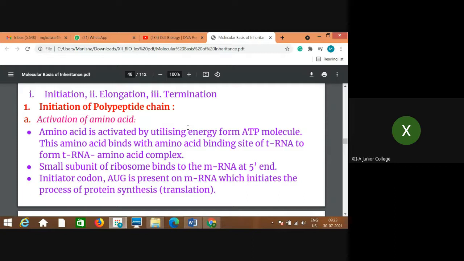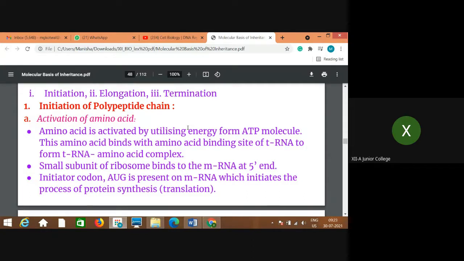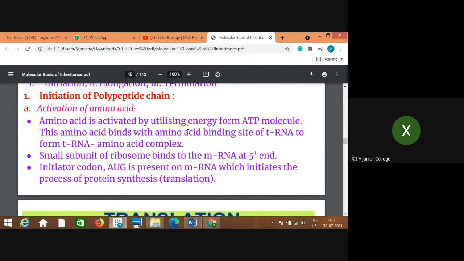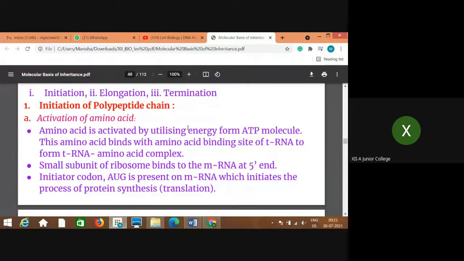To that 3' end of tRNA, this amino acid is attached to form the tRNA amino acid complex. How is this complex formed? First, these amino acids get charged, means they get energy from ATP, and they bind to the tRNA, and that is what is called the tRNA amino acid complex. Now this tRNA, which is carrying the activated or charged amino acid, is ready for the process of translation.